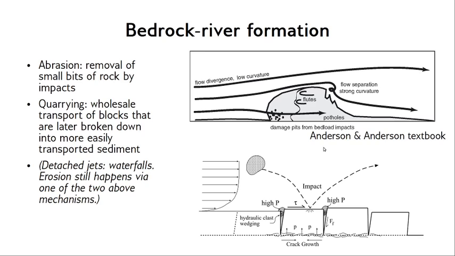A second mechanism is through quarrying of blocks. A lot of bedrock, when it reaches the surface, already has some fractures in it. Those fractures could be from cooling, like in the case of those basalt columns, and it could also be from what we call the tectonic rock crusher. If there are rocks that are folded and faulted as they're being brought towards the surface, those stresses will impart strains, as the rocks move up towards the surface from the ductile regime, farther below, into the brittle regime near the surface.